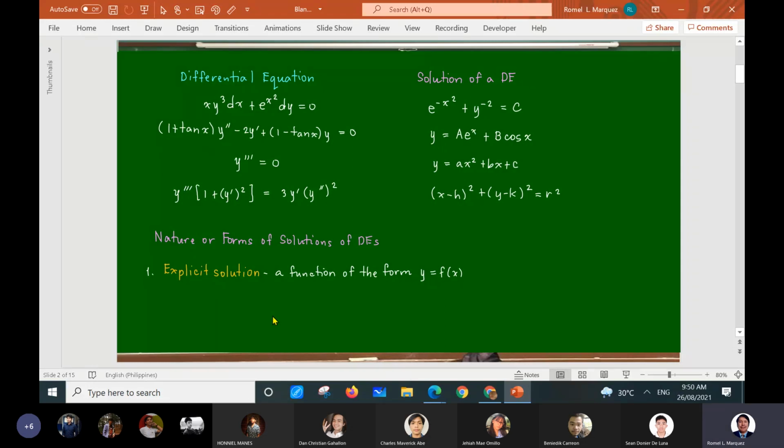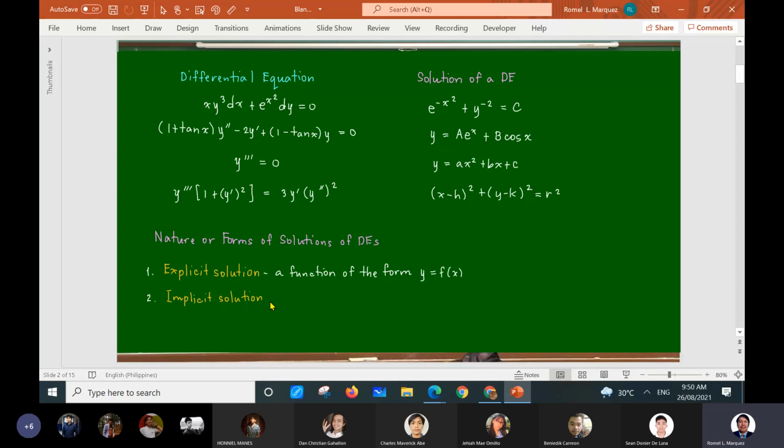While the second one is the implicit form, or implicit solution. When you say implicit solution, it is a solution of a differential equation written in the form g of xy equal to 0, or g sub 1 of xy is equal to g sub 2 of xy.